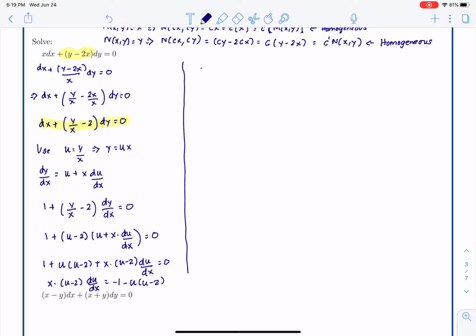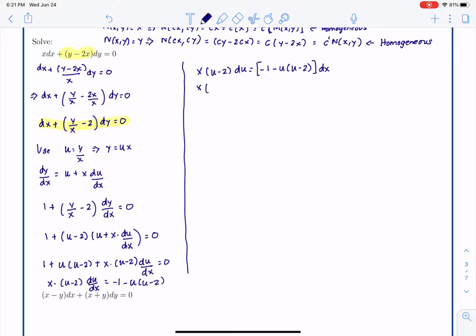Now, I have x times (u minus 2) du over dx. Multiply by dx on both sides. I'd have minus 1 minus u times (u minus 2) multiplied by dx.